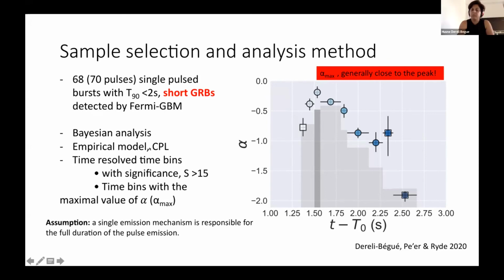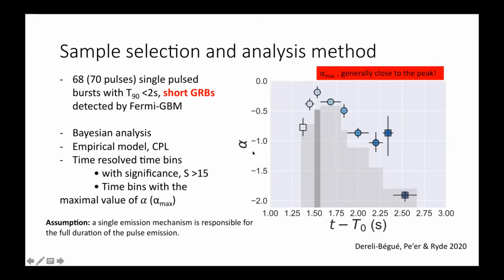We use the empirical model cutoff power law, and we made the time resolved analysis. And we select the bins that have a significance larger than 15. And we assume that a single emission is responsible for the whole duration of the pulses.